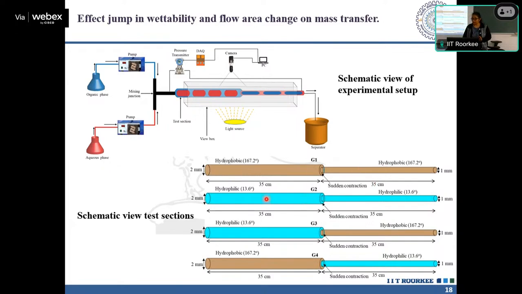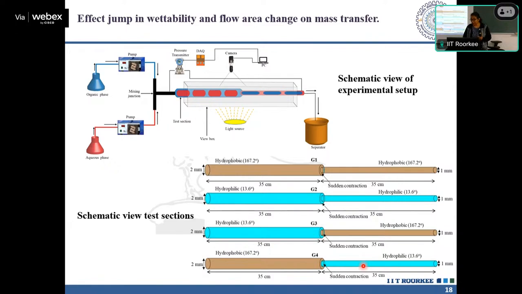The second one we kept as a glass tube only. We haven't coated it, so this is a hydrophilic glass tube. Third one, upstream is hydrophilic, downstream is hydrophobic. Fourth one, upstream is hydrophobic, downstream is hydrophilic.